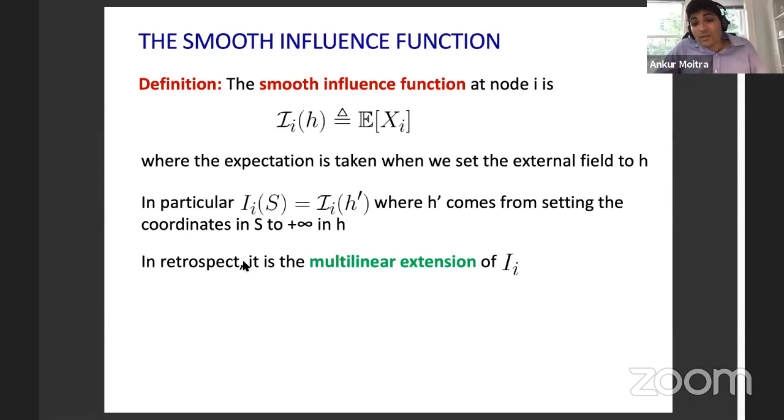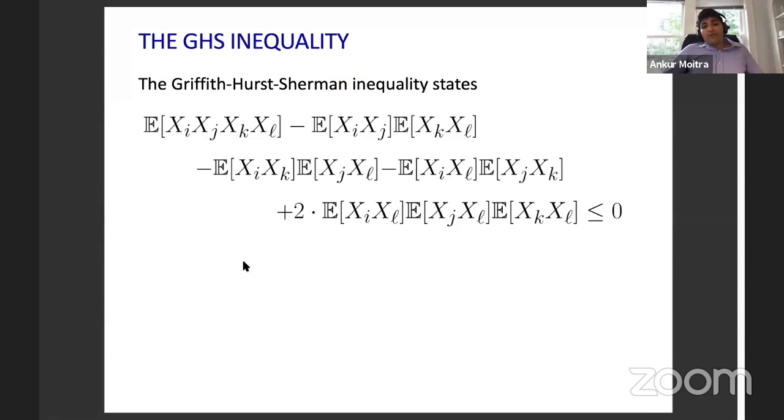And actually, in retrospect, this has been studied in mathematical physics. No one called it this before because we didn't even have that term until a decade later. We didn't even have the notion of submodularity, and it took another 2 decades to even have the notion of a multilinear extension. But it turns out the smooth influence function is a multilinear extension of the discrete influence function that turns out to be submodular. So the Griffiths-Hirsch-Sherman inequality, in case you asked, is what it is.